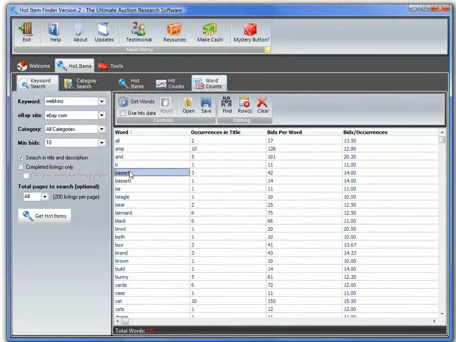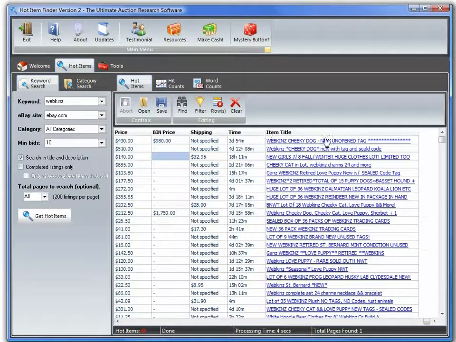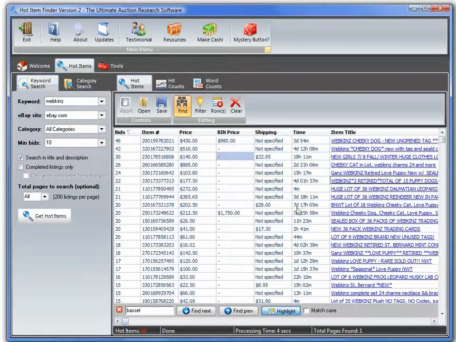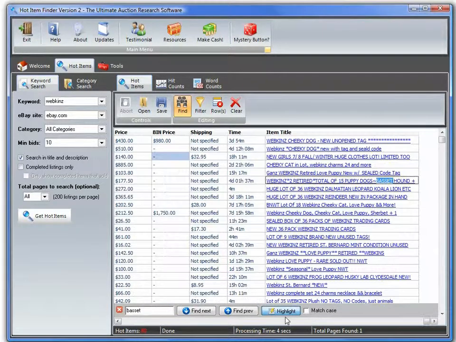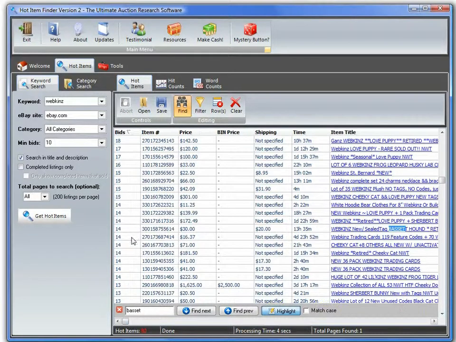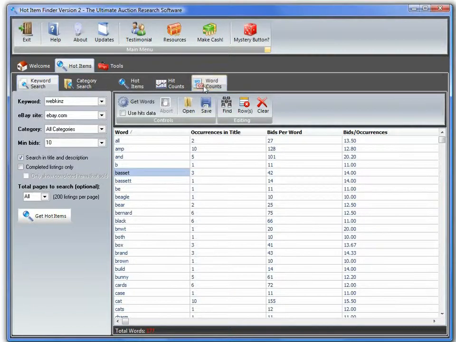Well, if you actually look for this word Bassett in here, highlight right here, and you look at the corresponding bids you got 22 bids there, and there's another one here. That one got 14 bids. 22 plus 14 plus another 14, I guess, will give you 42. That's how that number was calculated.